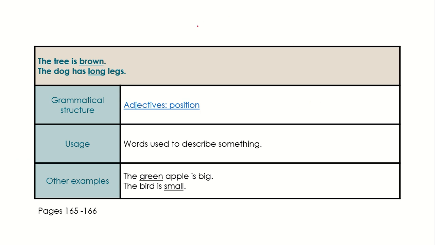Okay, now we're going to look at the last thing, which is our adjectives. An adjective is a describing word. A describing word tells me more about the thing, the noun. So a word that tells me about a thing is a describing word, which is an adjective. We put them in different places in the sentence, and you need to know where we put them, okay?